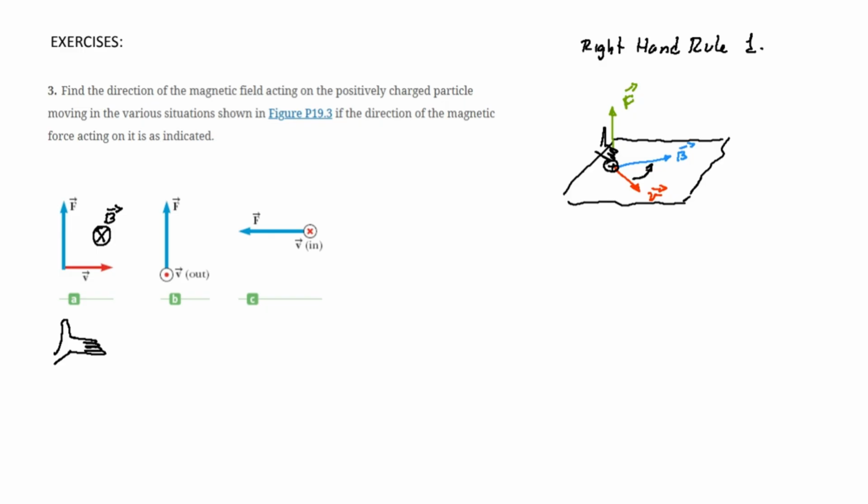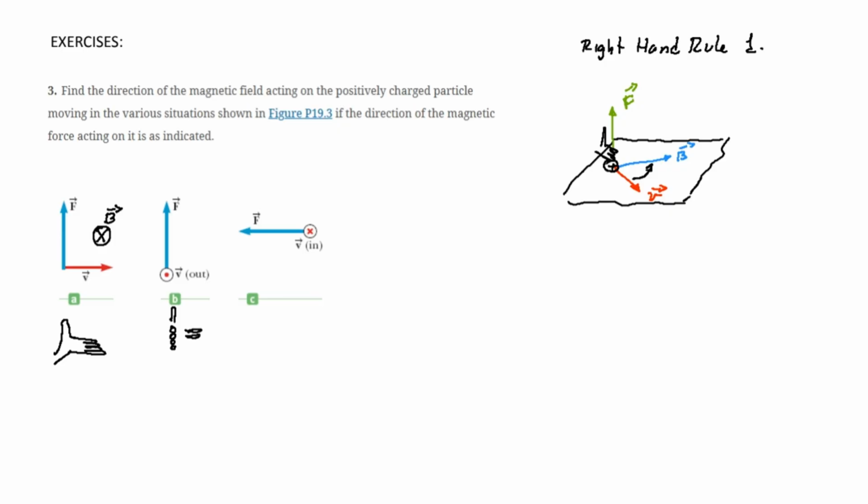So basically, you will see your 4 fingers like 4 little circles like this, and your thumb pointing up. Just do that. And now curve your fingers.